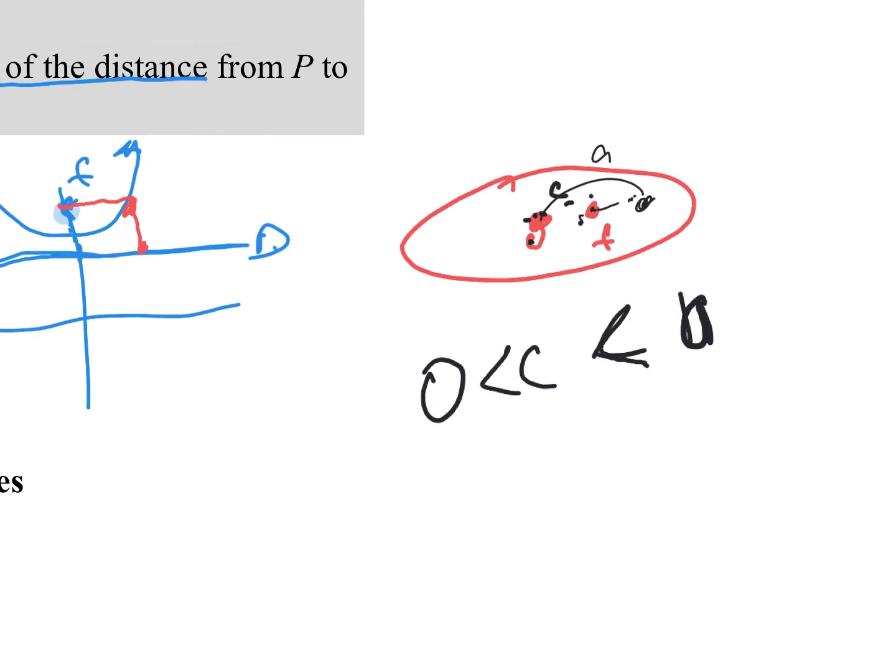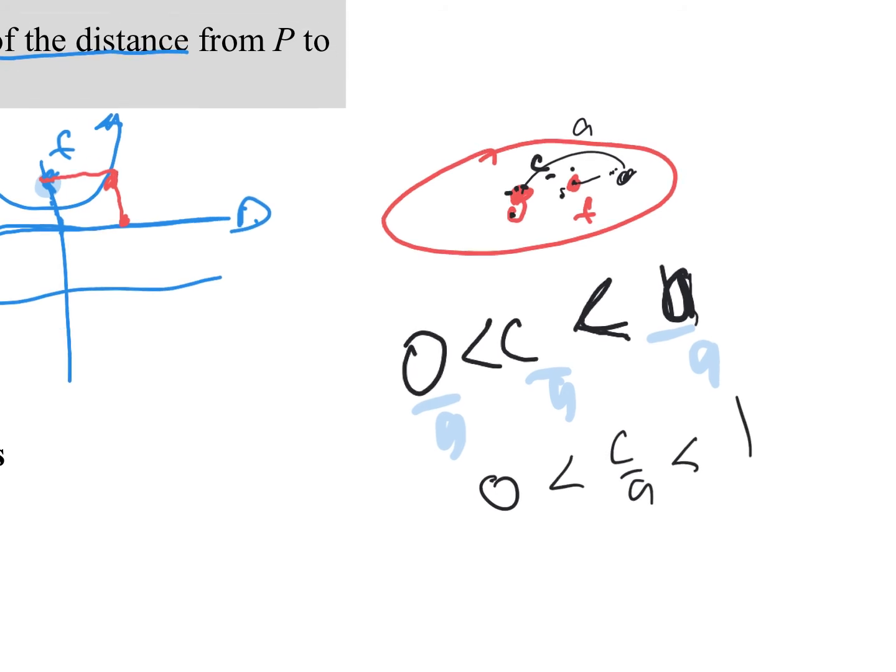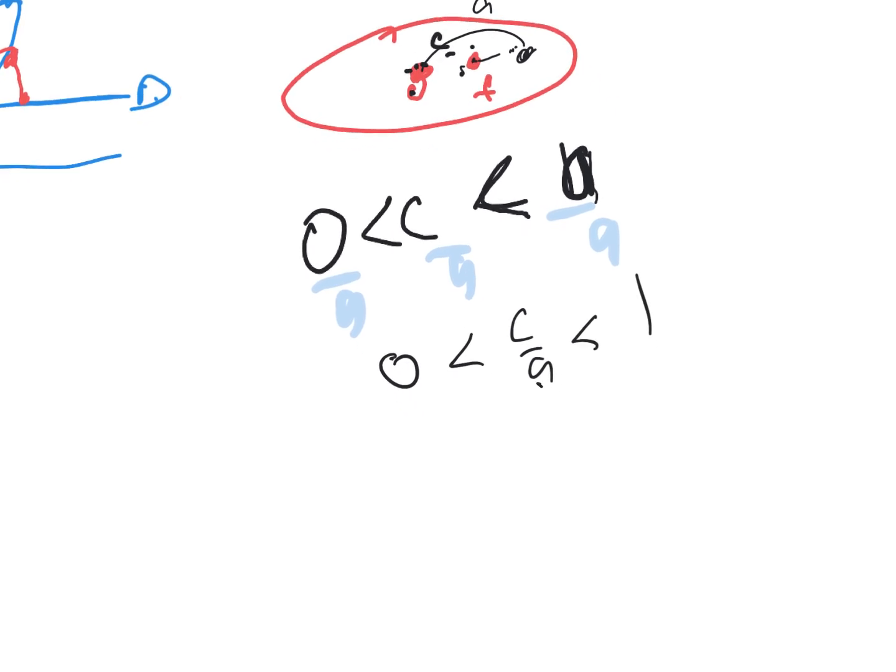So what we do here, I knew I wanted a 1 here. If I divide everything by A, divide by A, divide by A, divide by A, well, miraculously, that means still 0 is less than C over A, which is less than 1. So this is my eccentricity, less than 1, greater than 0.